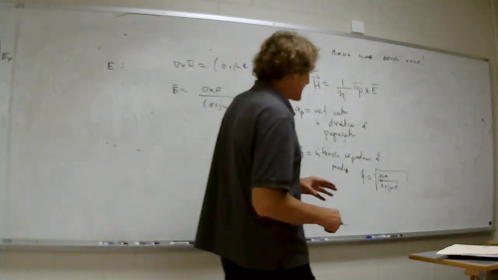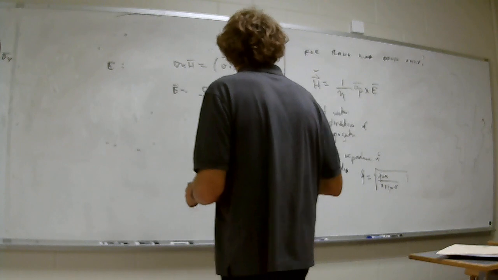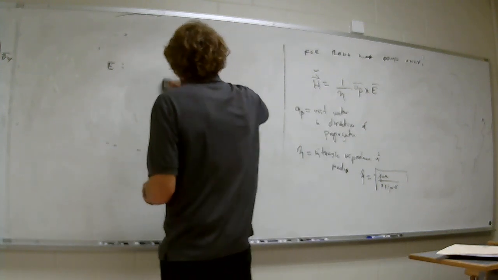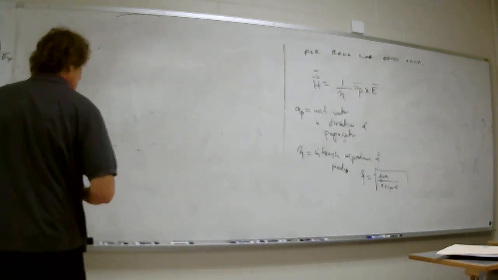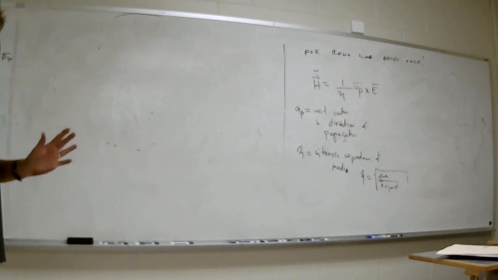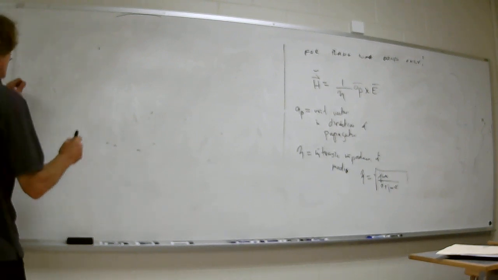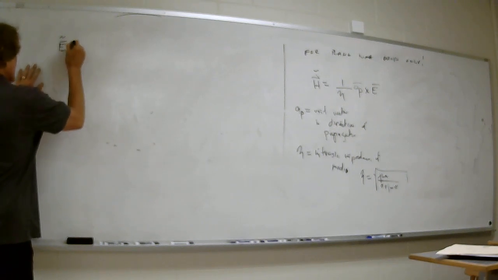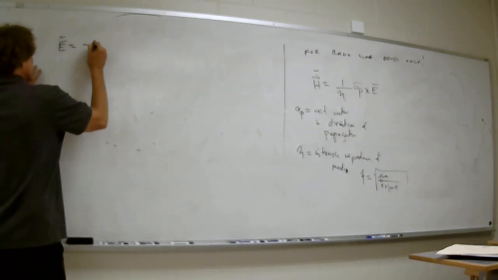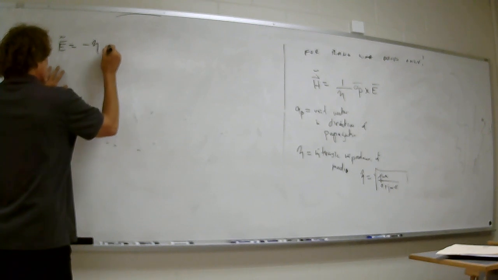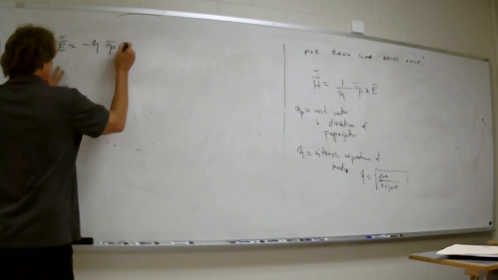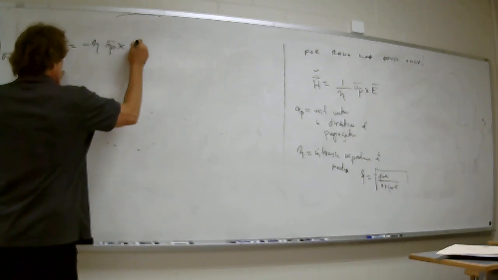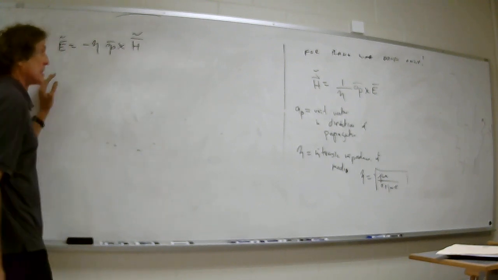Now, the other part of that, and I'm going to put it right here. Remember, this is only for plane wave propagation, but it works all the time. If you wanted the E field and you had the H field, it is equal to minus eta, the intrinsic impedance, times the unit vector in the direction of propagation, crossed into H. Always.